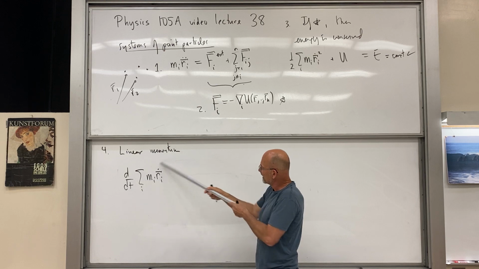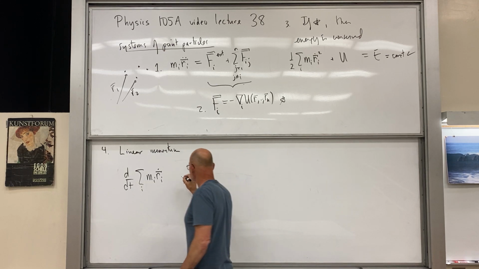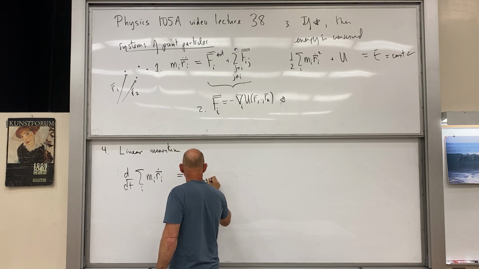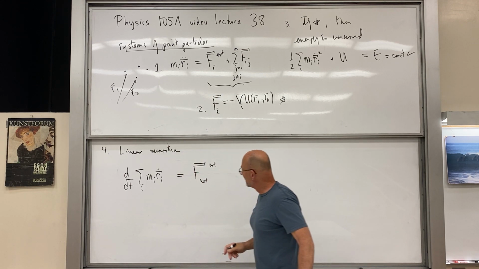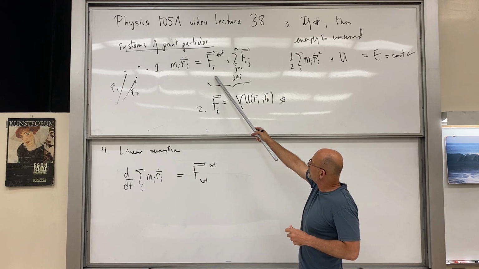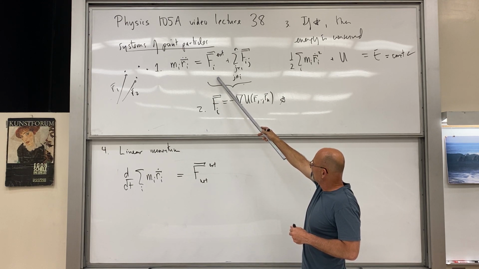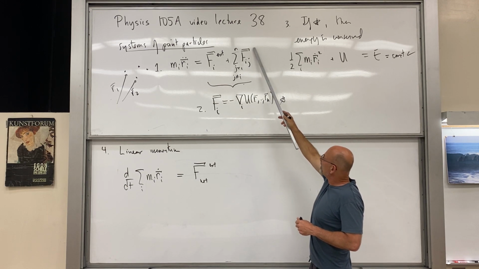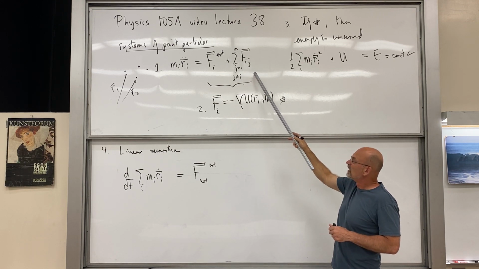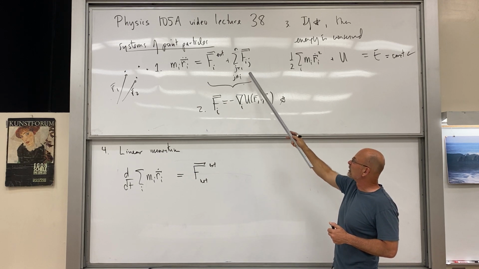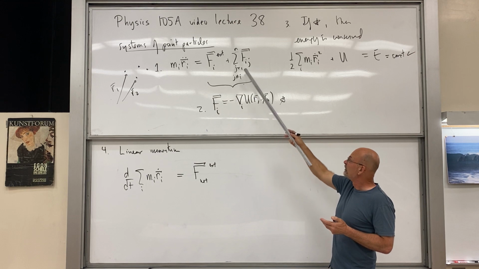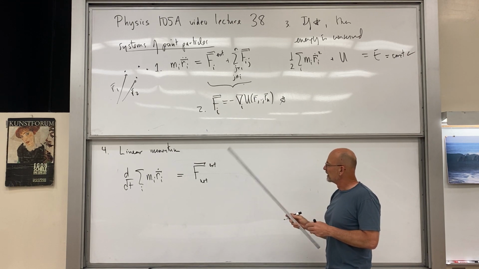The second derivative, take the derivative there, was equal to the net external force. And that net external force was just the sum of these. Now the interesting thing was that the double sum here vanished because of Newton's third law. You have Fij plus Fji for every pair, vanishes.